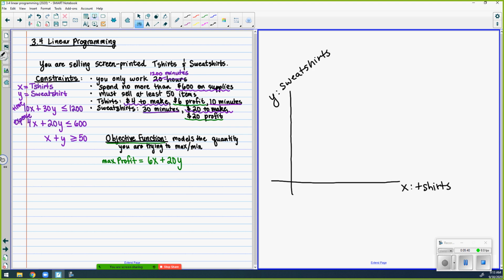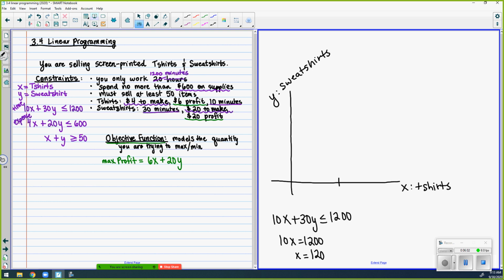Now I'm going to graph these equations one at a time. So the first equation to graph, and this is just kind of some sketch work right now, 10x plus 30y is less than or equal to 1200. I'm going to graph using the intercepts. 10x is equal to 1200, making x equal to 120.